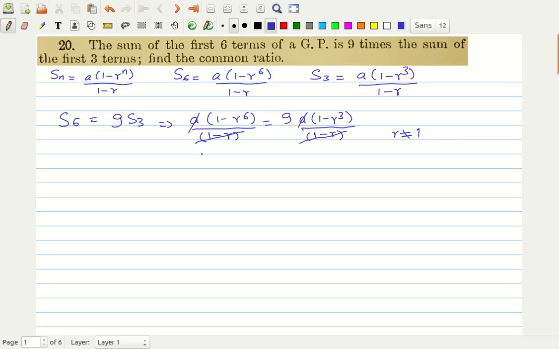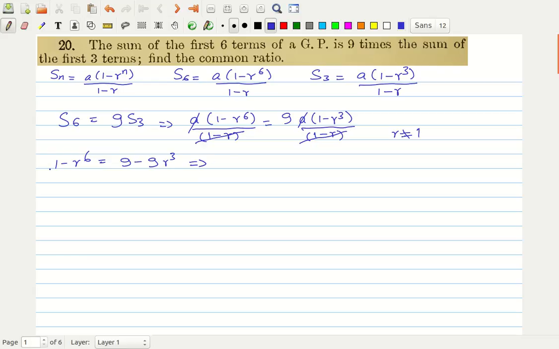R should not be equal to 1, because if r is equal to 1, then we will get 1 minus 1 is equal to 0, and we will be having a division by 0 problem. So we get 1 minus r to the power 6 is equal to 9 times 1 minus r cube. So we can write this as 9 minus 9 r cube.